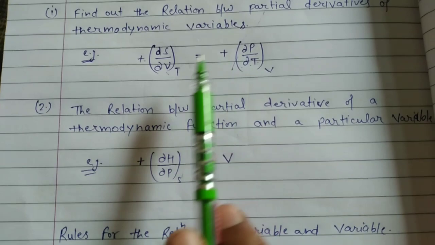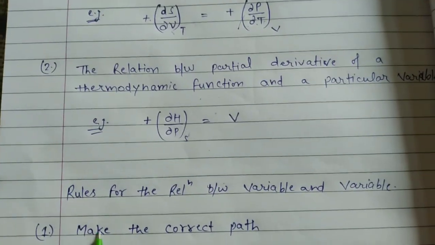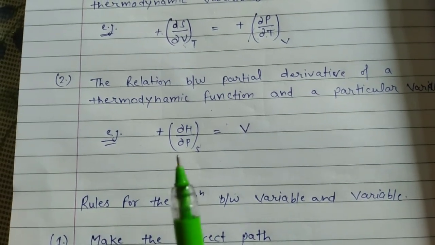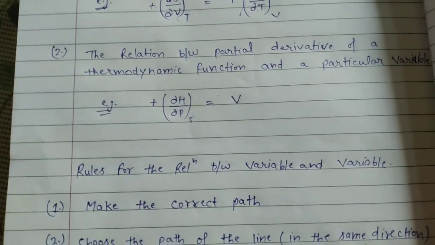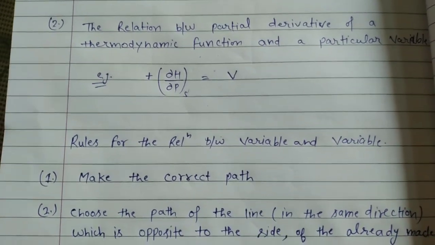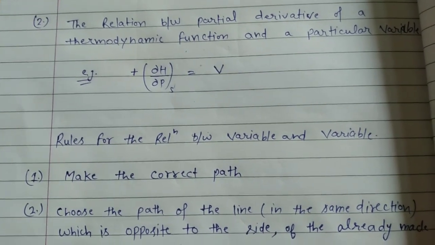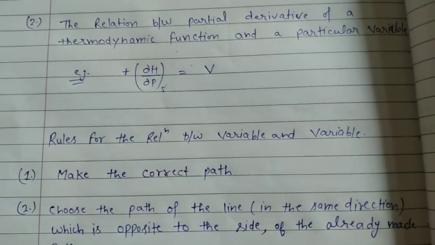For that, we have to understand some rules. The first rule is that we have to make a correct path in the thermodynamic square based on our question. I will tell you later how to draw the path. The second rule is that we have to choose a line just opposite to the drawn path in the thermodynamic square.